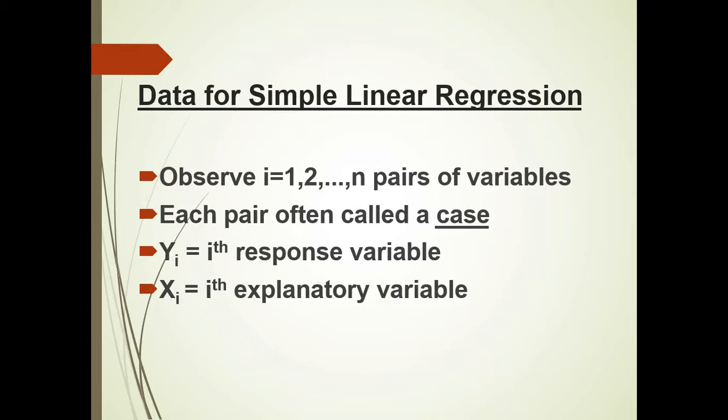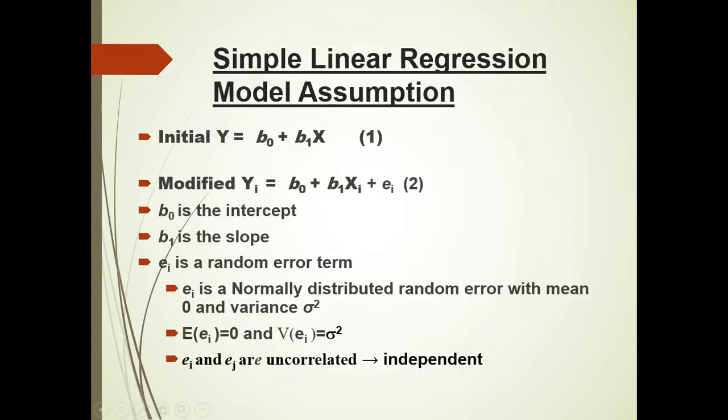So we have observed n pairs of variables xi, yi from a sample, and we call each pair a case: x1, y1 is a case, x2, y2 is another case, etc. Here yi is the ith response variable, called the dependent variable, and xi is the ith explanatory variable, or independent variable.